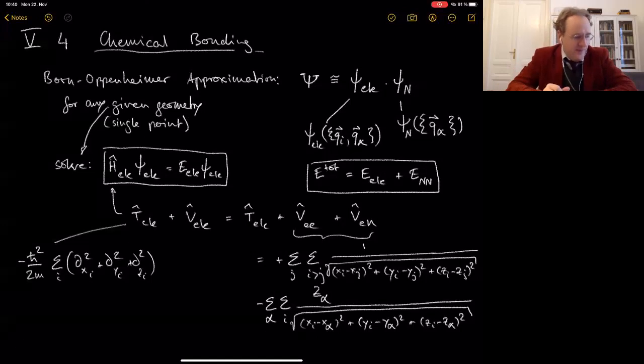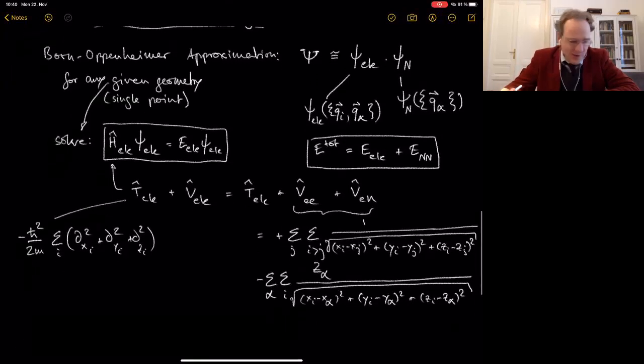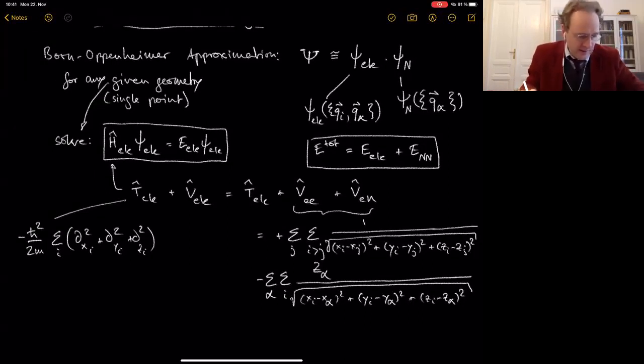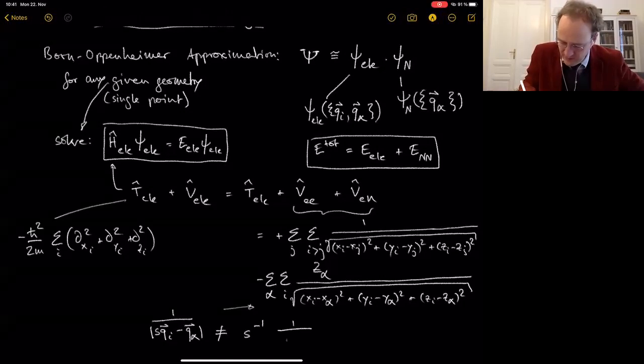But can we now use our Virial theorem here? So if you look at this, you will notice you have a problem. If you take 1 over s times q_i minus q_alpha, this is not the same as s to the minus 1 over q_i minus q_alpha.